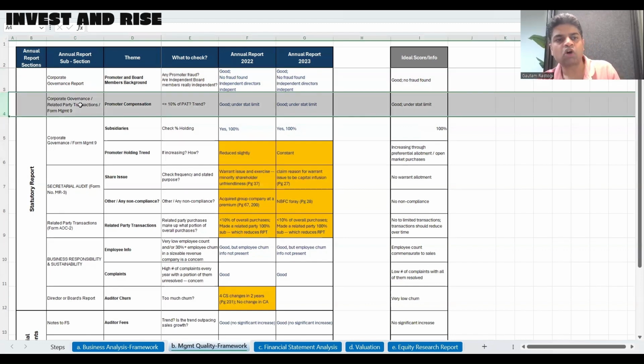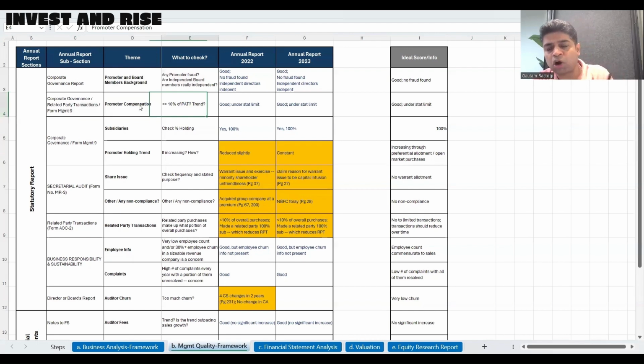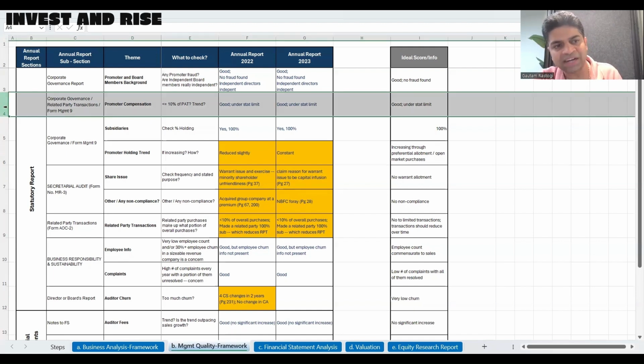And then the next one, within corporate governance, is promoter compensation. In fact, promoter compensation is a section that you'll find repeated across multiple sections of the annual report. कि एक बार same information repeat कर रहे हैं. So you may find it under the corporate governance report, and you may find it in related party transactions.